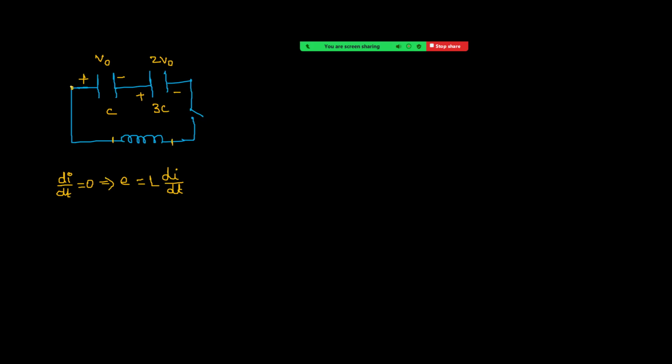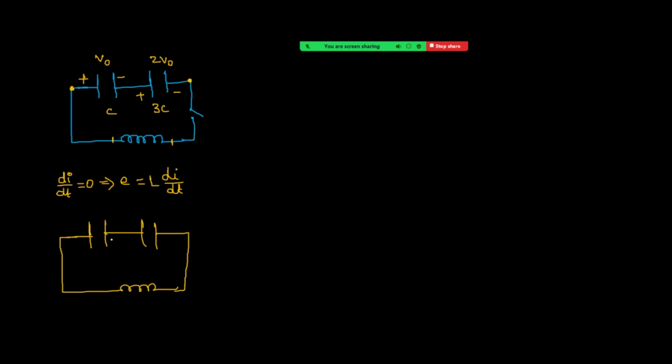That means at this point and at this point, the potential is the same. Right? Then see what happens. Now this I can take as when current is maximum. If I draw a circuit like this, current maximum.